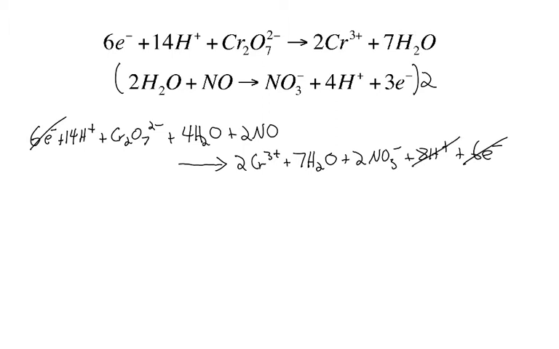I'll lose 8 of these, so 14 minus 8 will leave me with 6 H plus, and I notice that I can also cancel out the water. So I've got 4 waters and 7, so these 4 will go away. I'll lose 4 of those, leaving me with 3, and that's all that I can cancel out. And it's typically the electrons, the H pluses, and the waters that we want to be most aware that we may be able to cancel out. So what that leaves me with is the following.